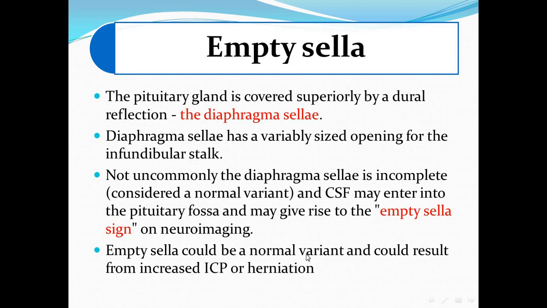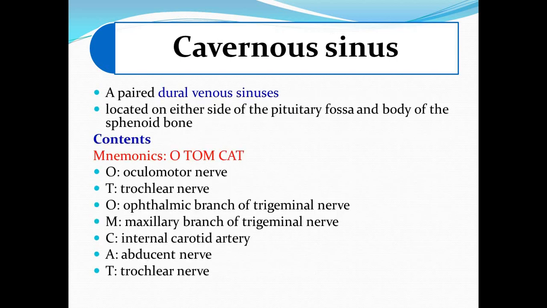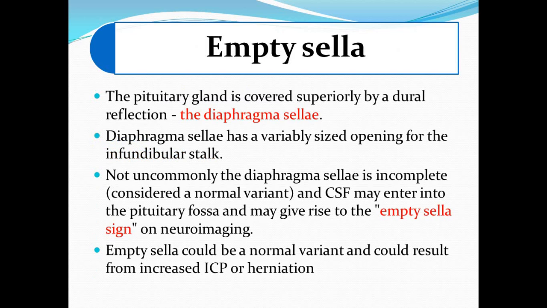This could be a normal variant, but some other pathologies can cause this change, including increased intracranial pressure and herniations. So it's not a pathologic sign in itself. Empty sella, if it is asymptomatic, you will find not uncommonly.